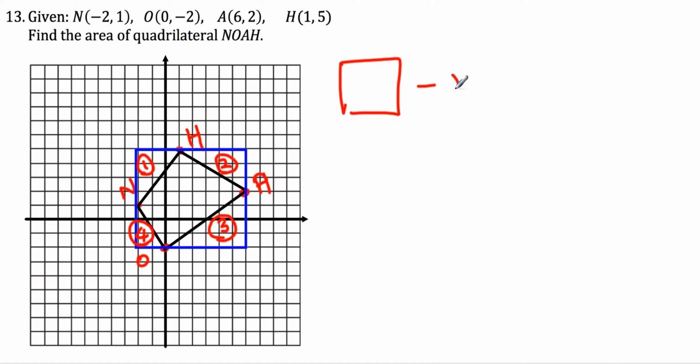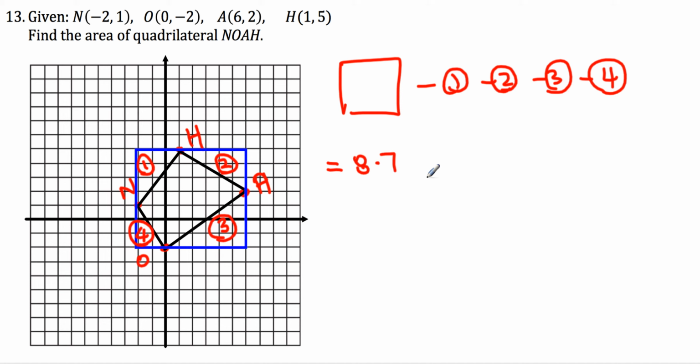So we need to find all 4 triangles. Here we get base is 2, 4, 6, 8. 8 by 2, 4, 7. Minus, first one is 3 by 4.